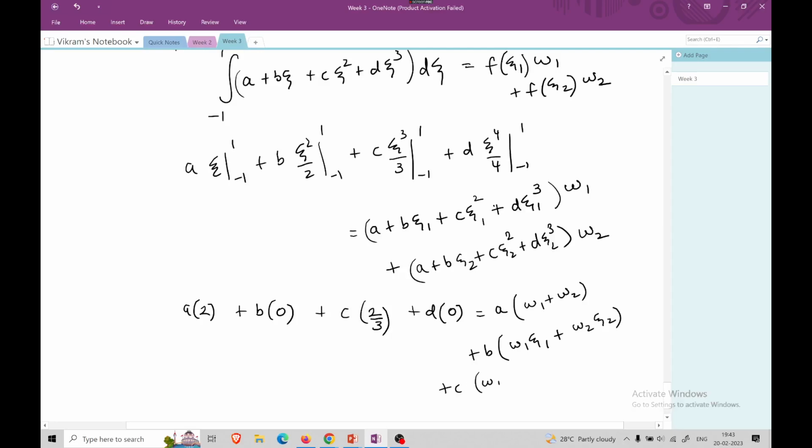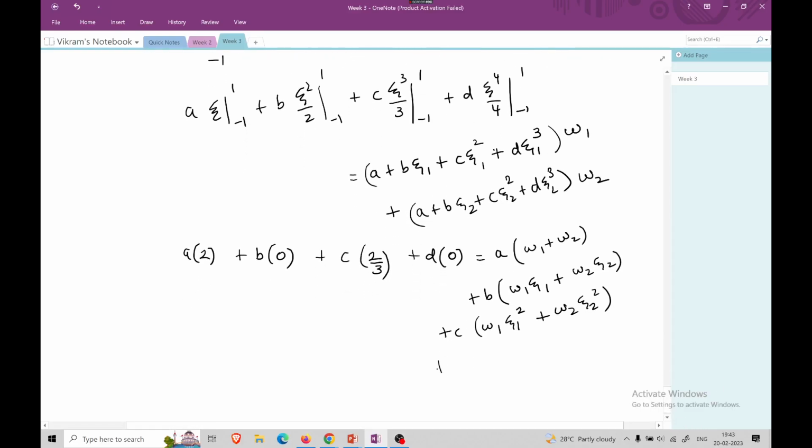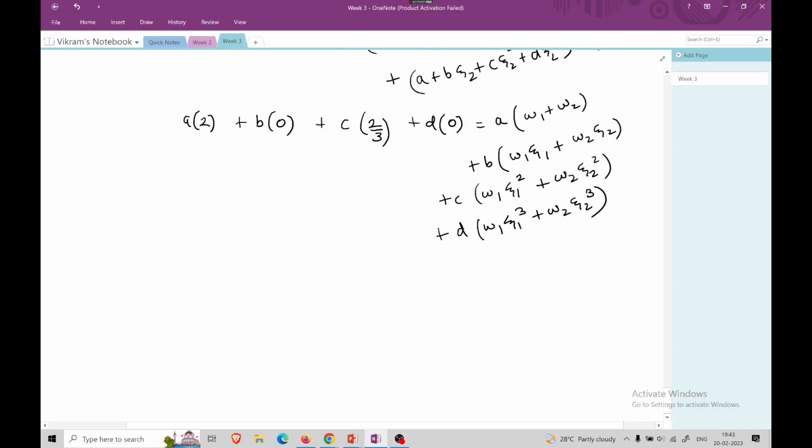Plus c times w1 eta 1 square plus w2 eta 2 square, plus d times w1 eta 1 cube plus w2 eta 2 cube. Again, for the above relation to be valid for any value of a, b, c and d, you have to match the coefficients.